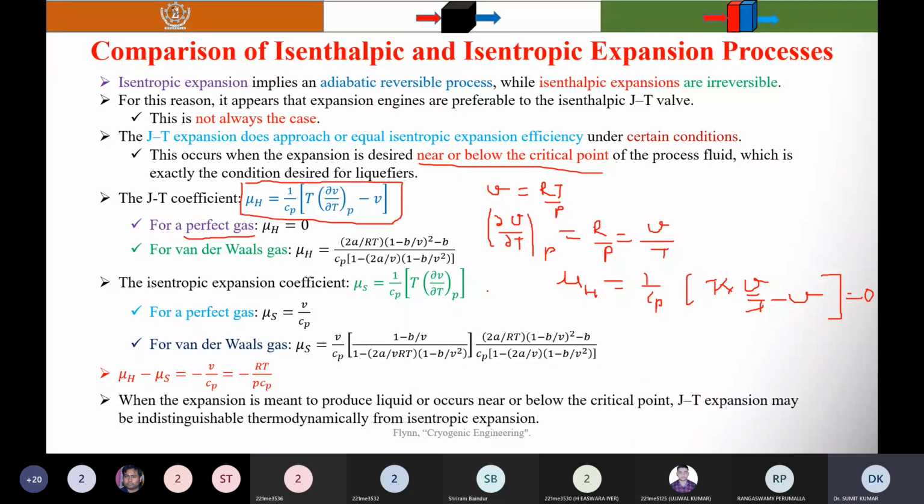Here for the perfect gas, because the Joule-Thomson coefficient becomes 0, it means that if you are reducing the pressure, it is not going to decrease the temperature.